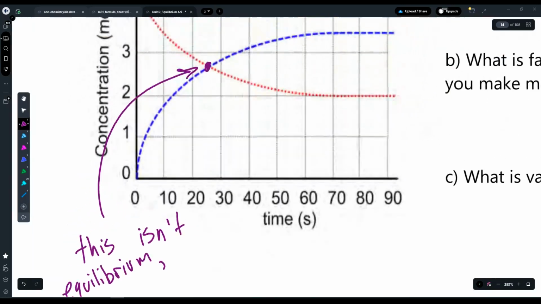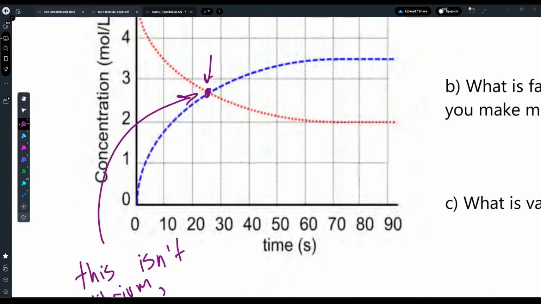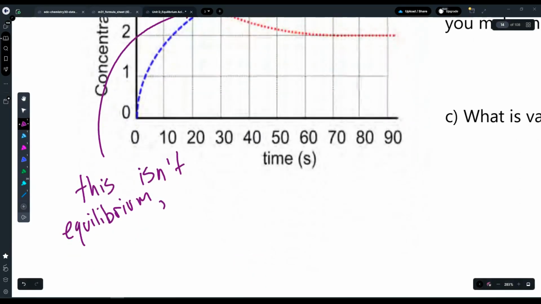So all this point means is just that the concentration of your products is the same as the concentration of your reactants.